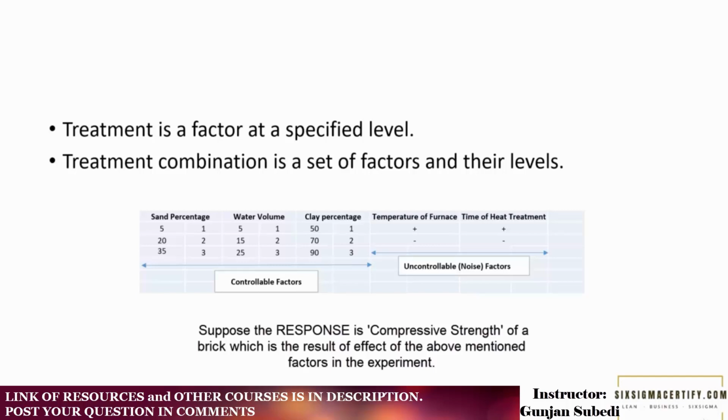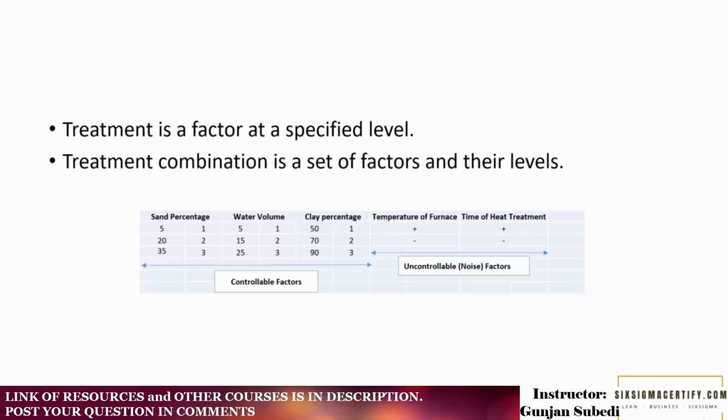Here we see that there are different levels for each of these factors, such as the percentage of sand may be 5, 20 or 35, water volume may be 5, 15 or 35, clay percentage can be 50, 70 or 90, temperature may be high or low. So the combination of the factor and the level is called treatment combination.